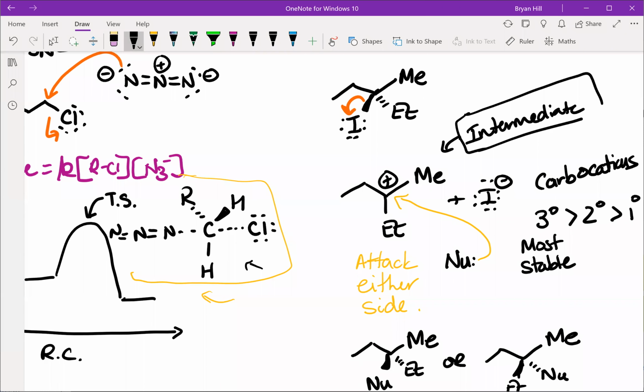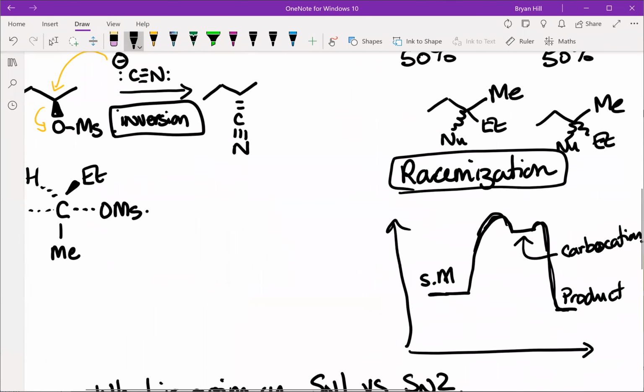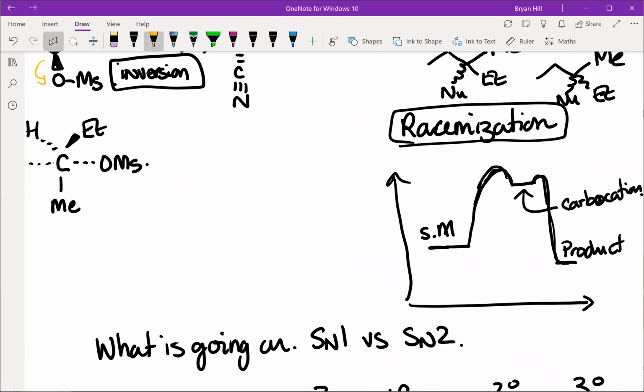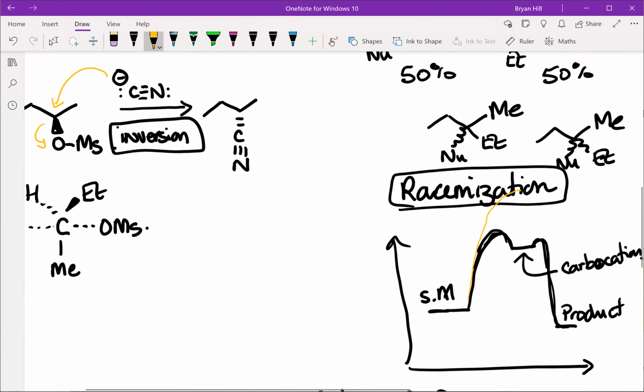That is why tertiary alkyl halides can undergo SN1 reactions. Primaries don't, because the intermediate is not stable. If we had a primary carbocation, this energy diagram would be way up here. So it's too much energy to get there.